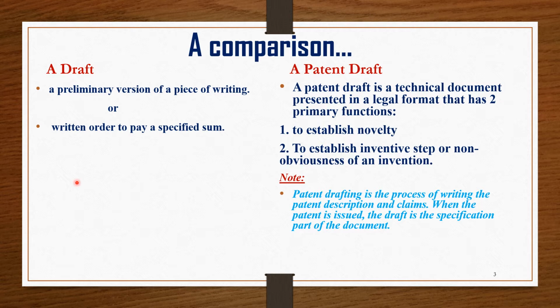So, whenever you try to understand the meaning of this statement that I have written in the note part, then your confusions will be clarified. Just remember, patent drafting is the process of writing the patent description and claims. And when the patent is issued, the draft is the specification part of the document. Fine. So, the comparison has been done. Let us proceed.